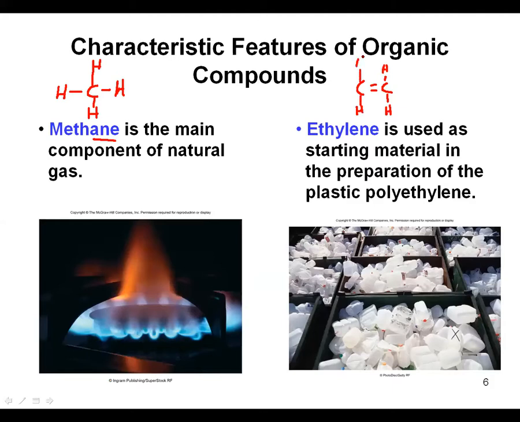If you look at methane, it ends in ANE because this is an alkane, which has a carbon-carbon single bond. And this is an alkene, where it has a carbon-carbon double bond, ENE. So a lot of things in organic chemistry are named based on the group name, and that is how we name these things.